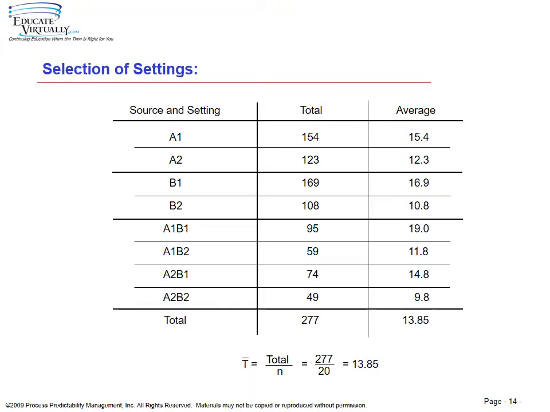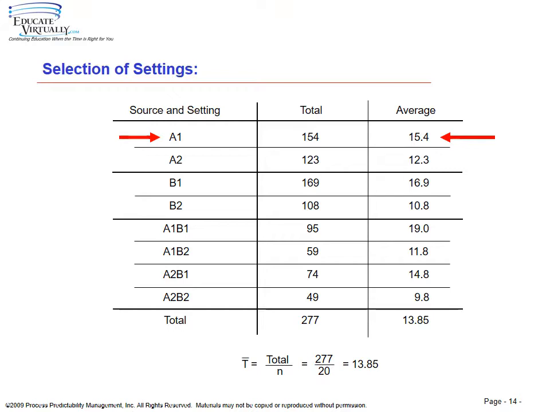Now that we've finished our analysis of variance, we know that we've got a good experiment, and we know that we have some significant factors. In this case, factor A, factor B, and the interaction of A and B are significant. The next step is to determine what is the best level setting for those factors. So for windings, factor A, the low setting, A1, gave us the highest inductance value on average.